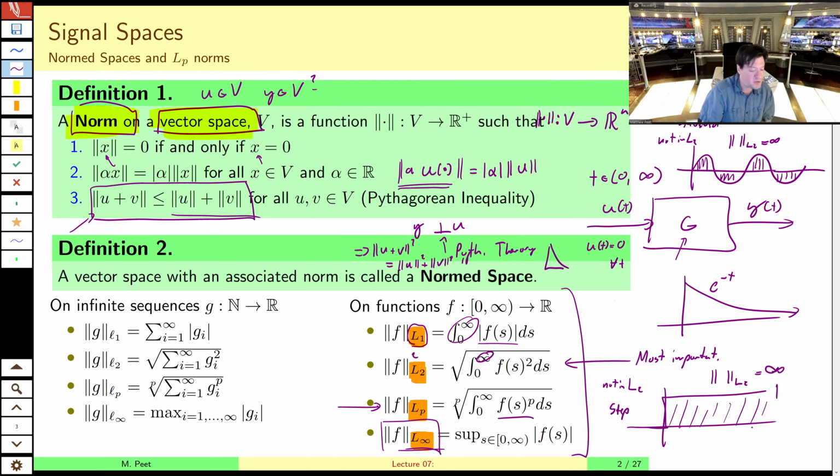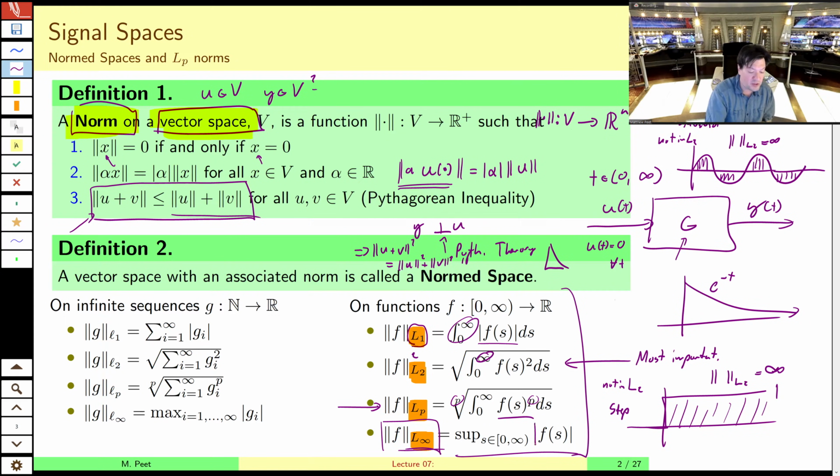One signal space which we don't work with much, but can actually allow for these types of signals, is the L infinity norm. This is the space of bounded functions. So if you take the limit as p goes to infinity, this gets very large, but then the root also gets very large, and so those tend to cancel each other out.